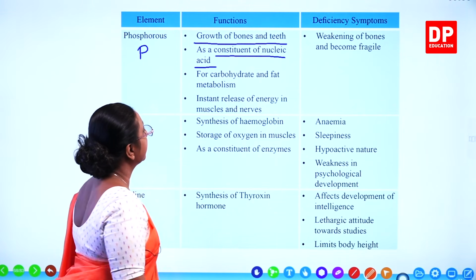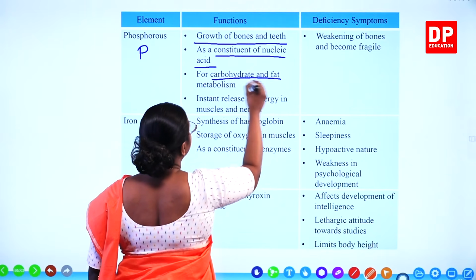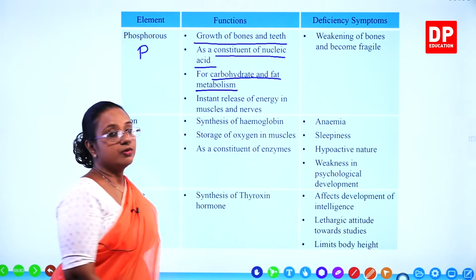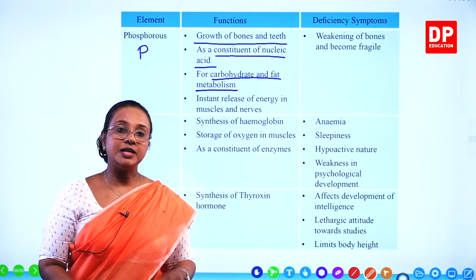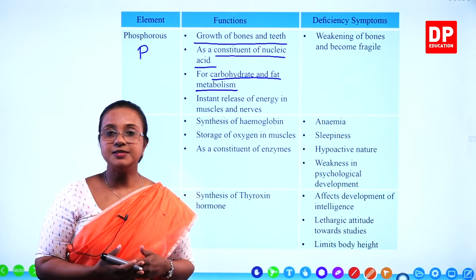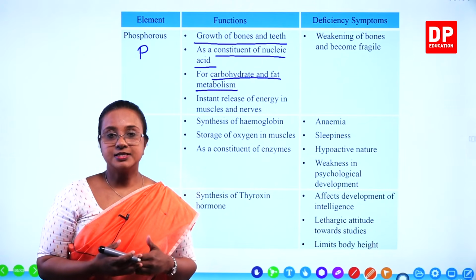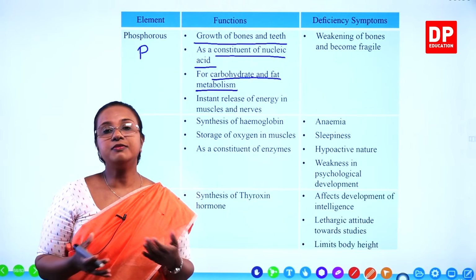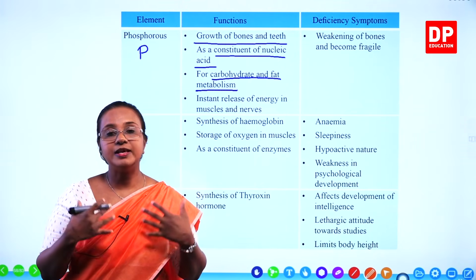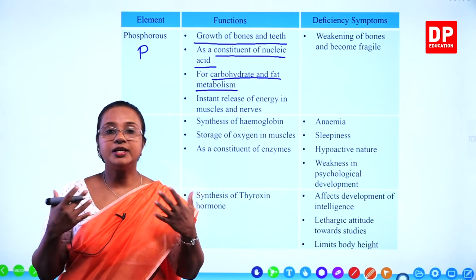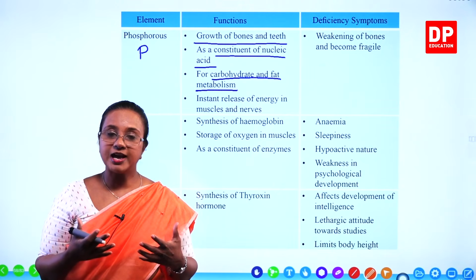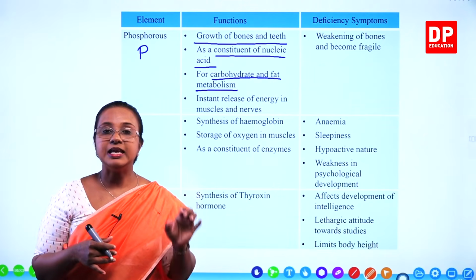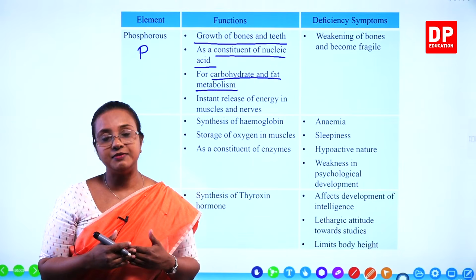It is also needed for carbohydrate and fat metabolism. So as I said before, what is metabolism or metabolic activity? It is the making or breaking down of chemical substances within the living body, or the chemical changes or reactions that take place inside the cell of a living body.